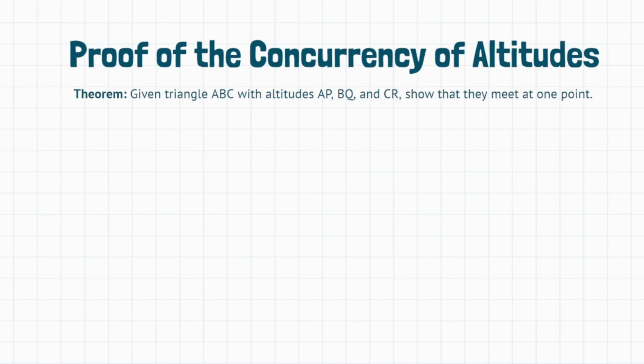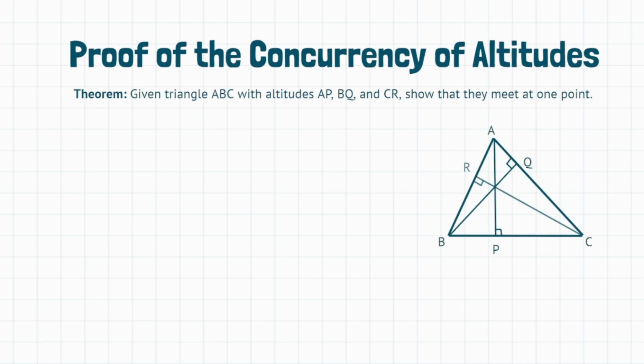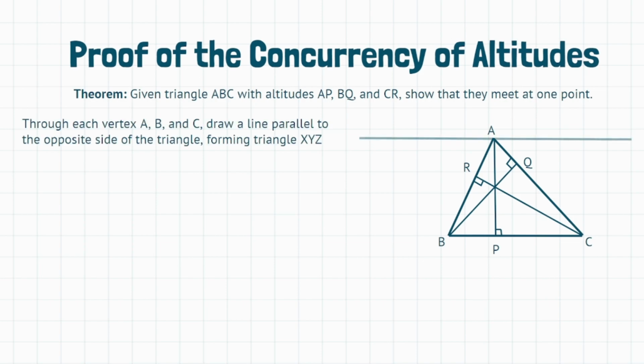We can prove that the intersection of altitudes is always concurrent for any arbitrary triangle. Given triangle ABC with altitudes AP, BQ, and CR, we will show that they meet at one point. Through each vertex, we will draw a line parallel to its opposite side, forming triangle XYZ.